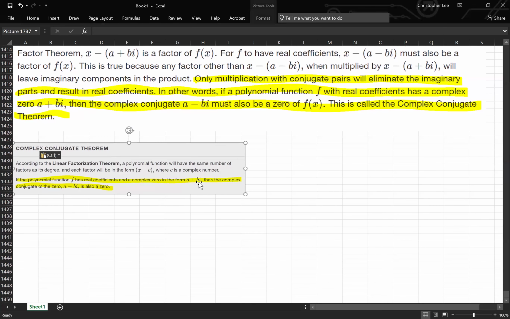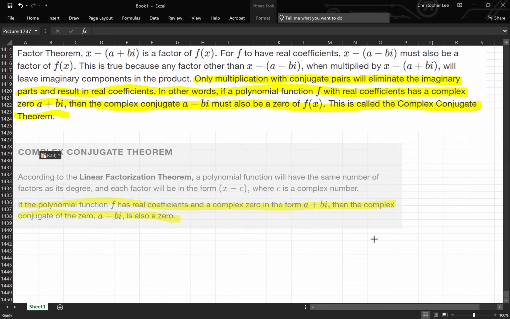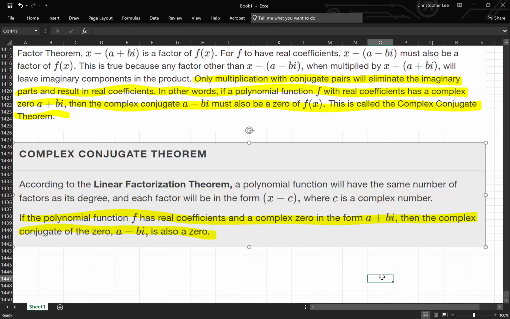So let's look at the complex conjugate theorem definition real quick. According to the linear factorization theorem, a polynomial function will have the same number of factors as its degree, and each factor will be of the form x minus c, where c is a complex number. If the polynomial function f has real coefficients and a complex zero in the form a plus bi, then the complex conjugate of the zero, a minus bi, is also a zero.